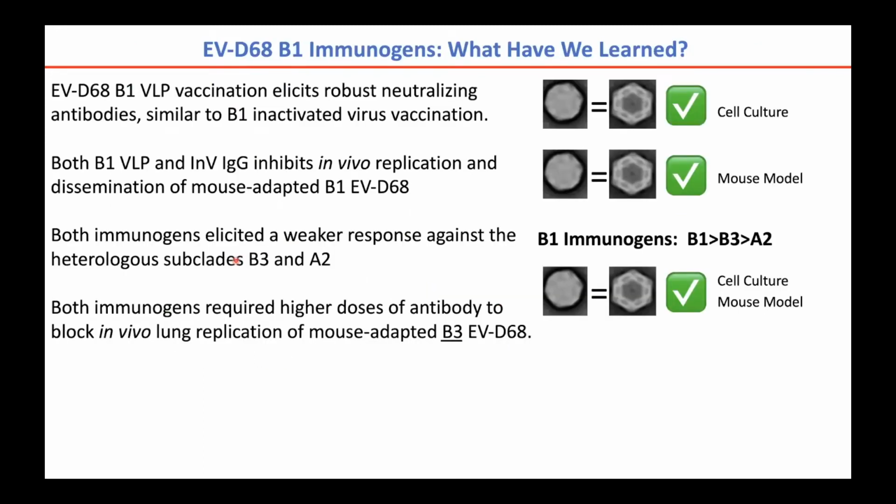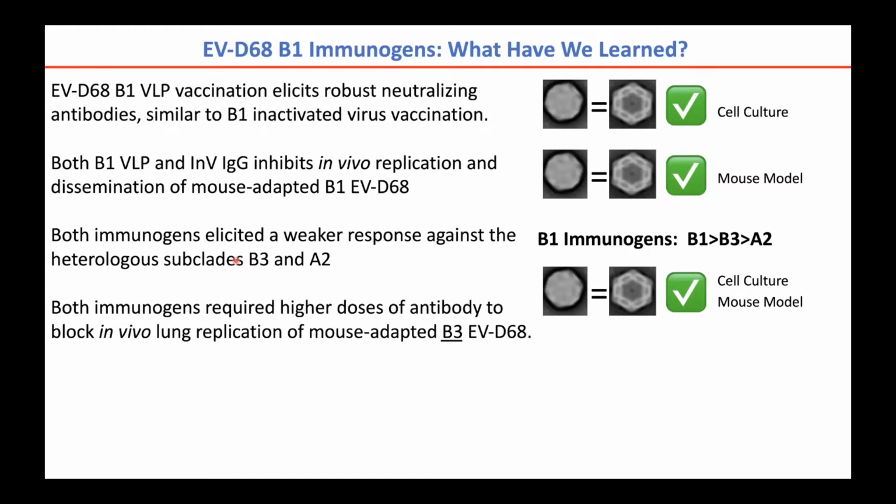So from the first part of this talk, we've learned that VLPs elicit very strong neutralizing antibodies that are similar to the B1 inactivated virus vaccines. Both of them inhibit in vivo replication of the B1, the matched mouse-adapted virus.